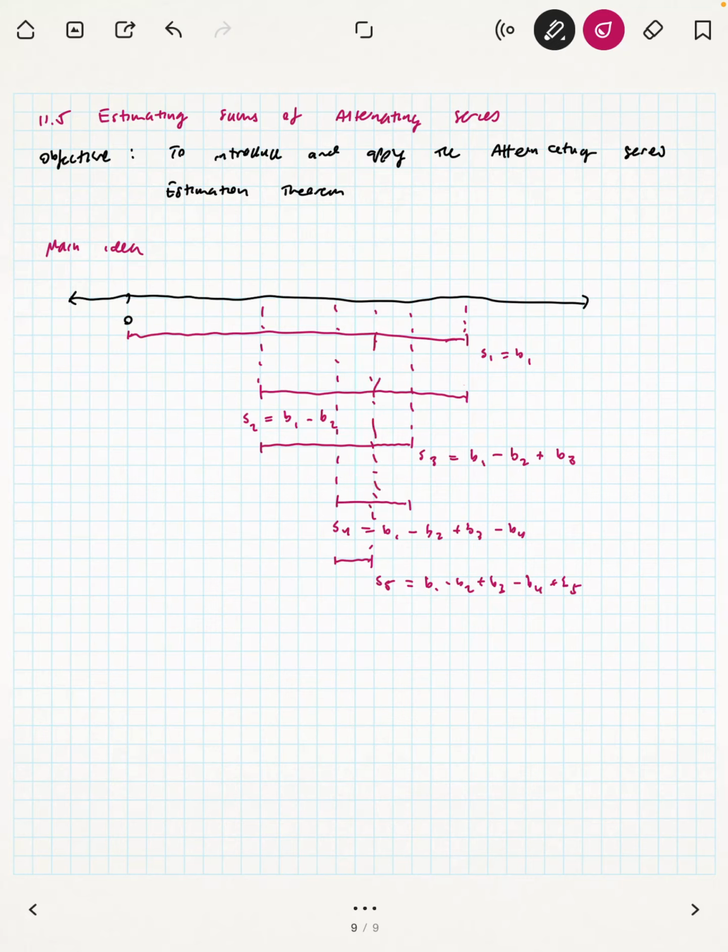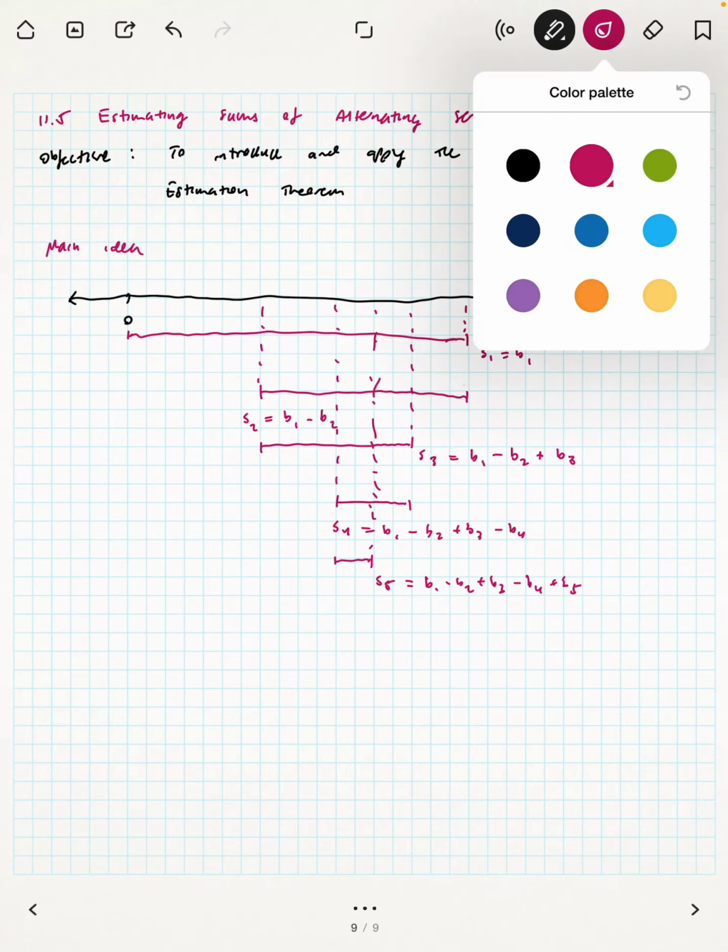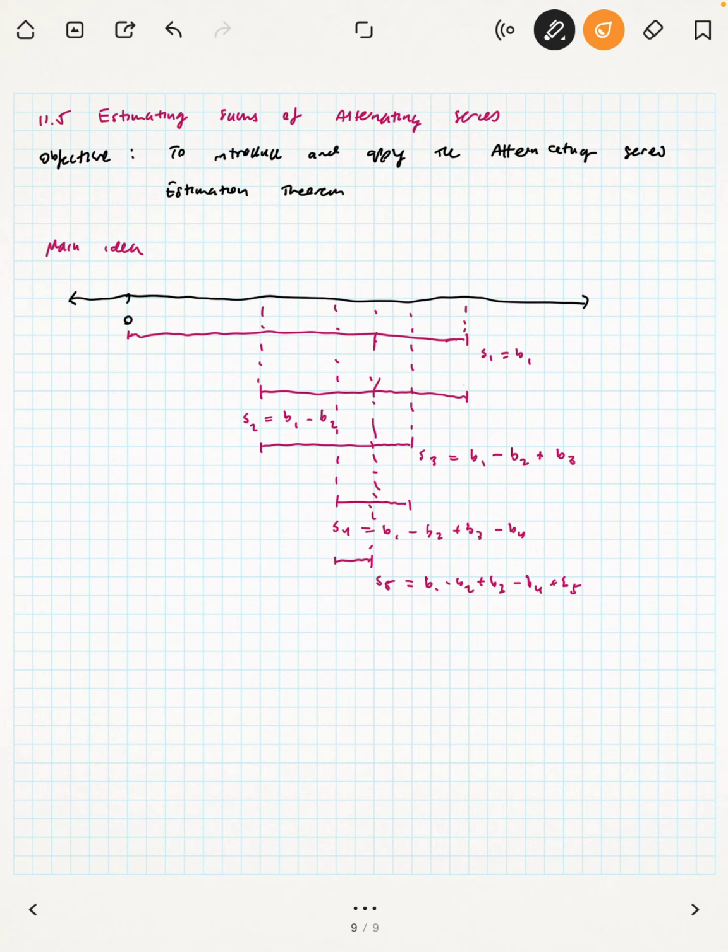Okay, why is this picture so helpful? Each time that I'm drawing this dotted line up to the real number line, I'm representing where we are now at that nth partial sum.